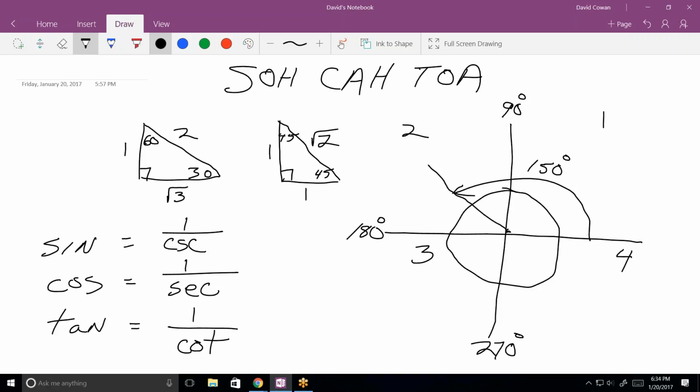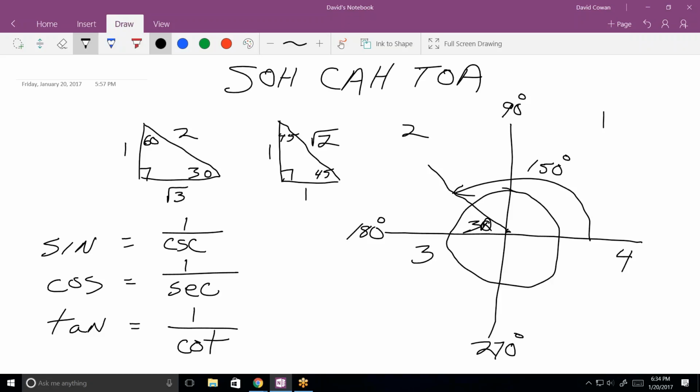Well, what is alpha right there? If the angle I'm talking about is 150 degrees, what reference angle does it make? 30. And guess what? The trig functions are all the same as they are for 30, with a different plus or minus sign.